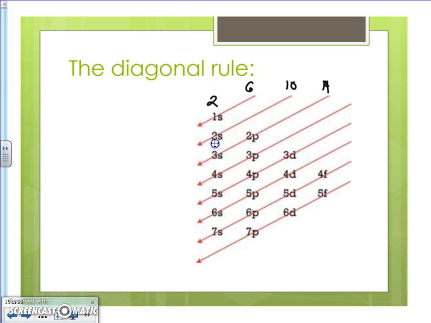Once you get 2 in that one, you keep following these arrows down. My numbering looks weird here. What I really meant was the p block can hold 6, the d block can hold 10, and the f block can hold 14. It's not just those arrows, it's these columns. We'll see that here in a second.